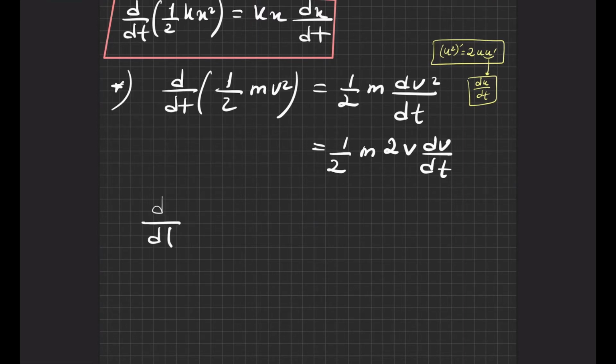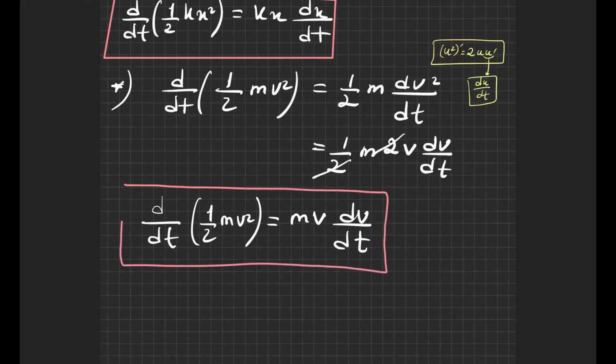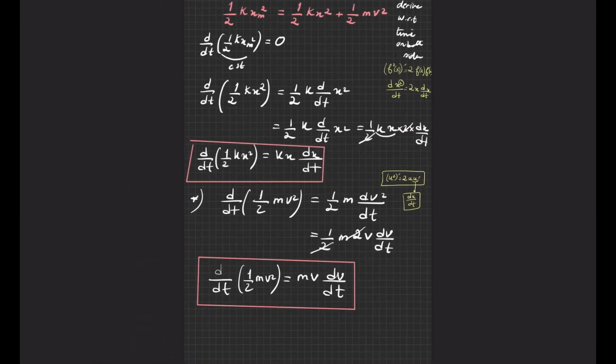So d over dt of half mv squared equals, this goes with this, mv dv over dt. Let us put a rectangle also around this one. Okay, now let us plug in every value in the new equation.